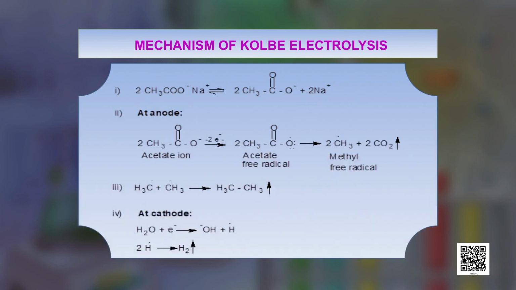Here you can also see in detail the mechanism of Kolbe reaction, which is an electrolysis reaction, and you can see the formation of intermediate free radicals which ultimately combine to give an alkane of double the number of carbon atoms.